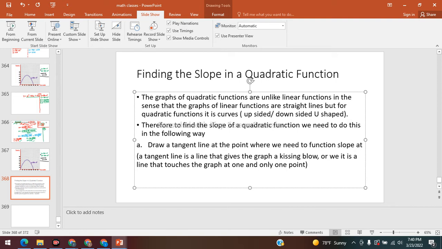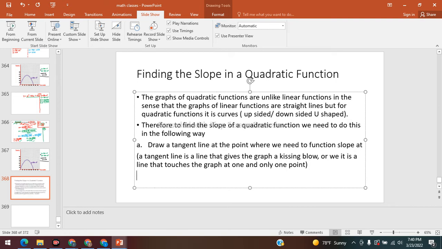That's a nice touch. So that's a tangent line, and we're going to draw it at the point where we need to find the slope.